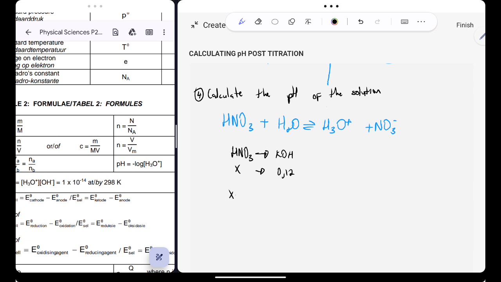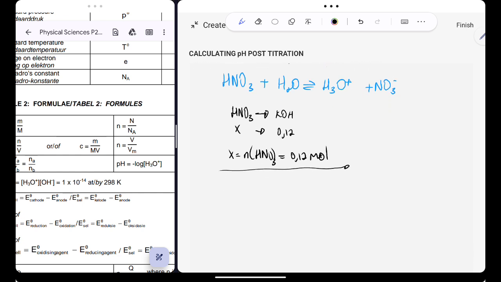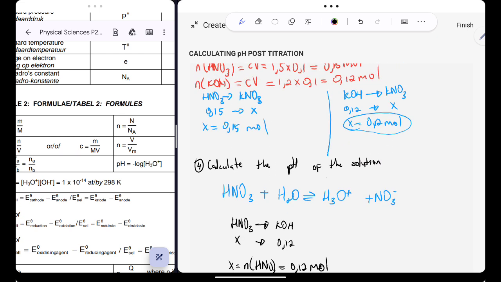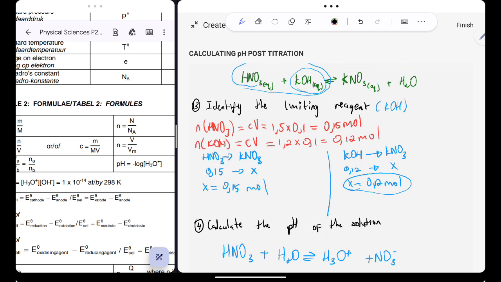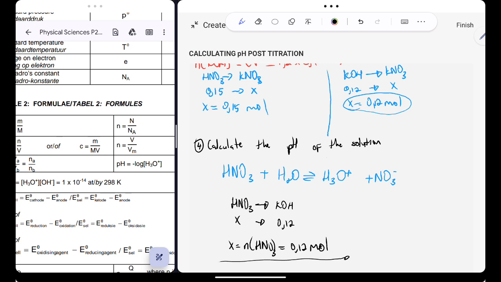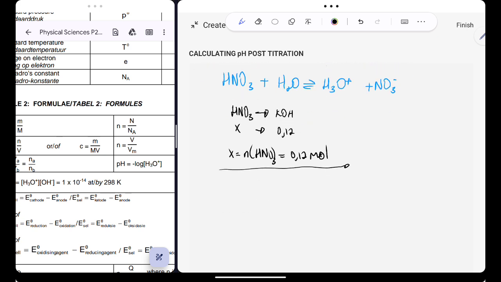And then I'll find out that I will simply need 0.12 moles of the nitric acid for me to completely neutralize the potassium hydroxide. But initially, how much did I have? Initially, I had 0.15 moles. Remember that. I only needed 0.12. That means 0.03 will be in excess.